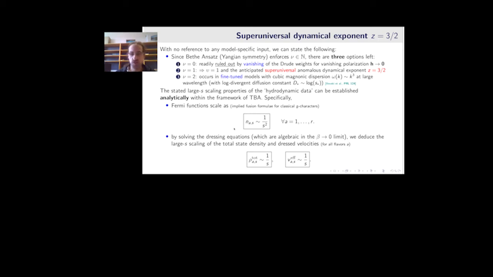From these solutions, you can infer how the Fermi occupation functions scale at large s. They go as 1/s squared uniformly, the total density of states goes as 1/s, and the effective velocity goes as 1/s as well. Then you can plug all this data back into the formula that I showed you, and infer what type of divergence you will have, and basically establish this exponent more rigorously.